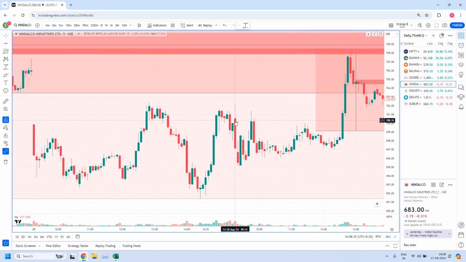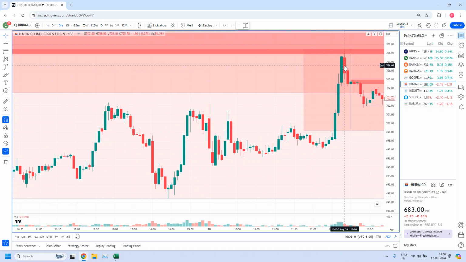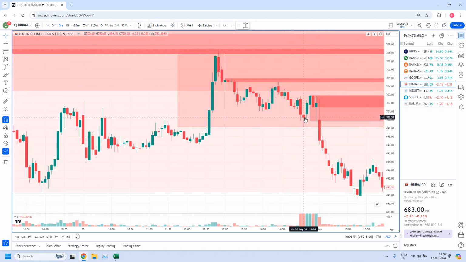That means this fine-tuned 5-minute zone is already tested. Because of this price action clue, we confirmed this fine-tuned 5-minute zone has a very strong order flow. See, when we got the trade opportunity on 30th August, Friday, prices entered and sharply came down. It might have given a very good profit on that day.